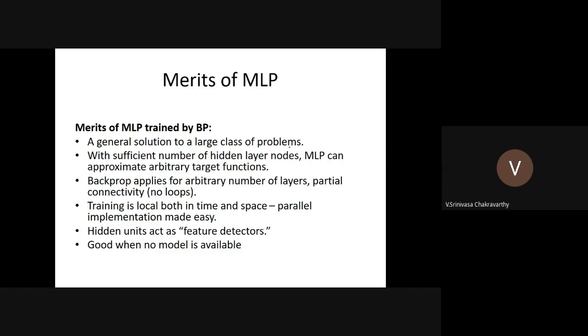For example, you want to be able to read text: give a text image as input and some kind of ASCII code as output, and train the network. Or, like Alexa, you want to train a network which can understand speech. Give speech as input, and the output will be some kind of text code, ASCII code or something. It will just learn the mapping.